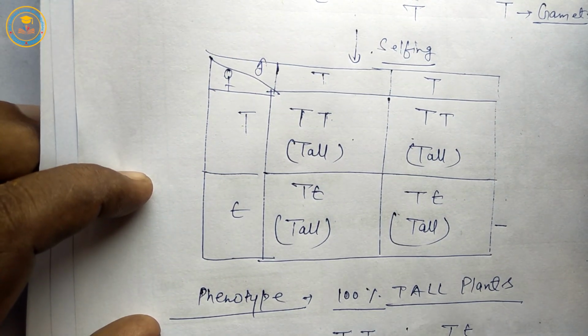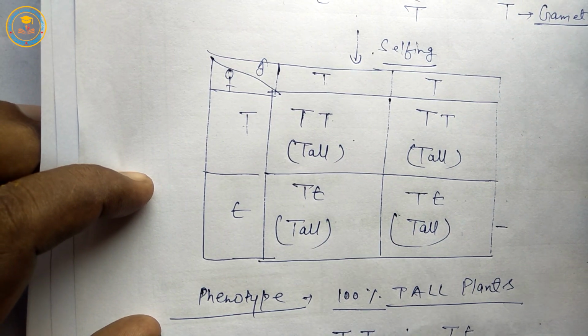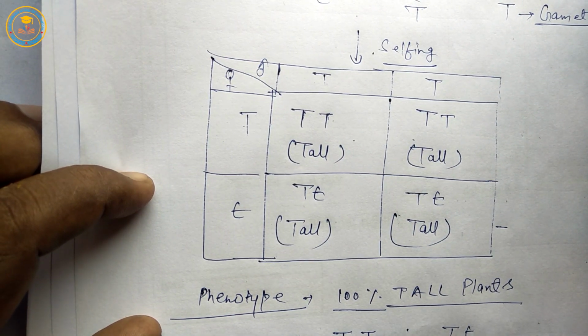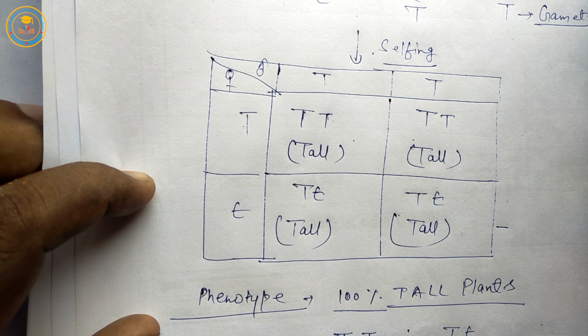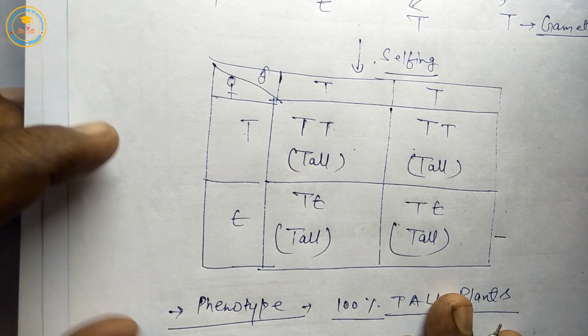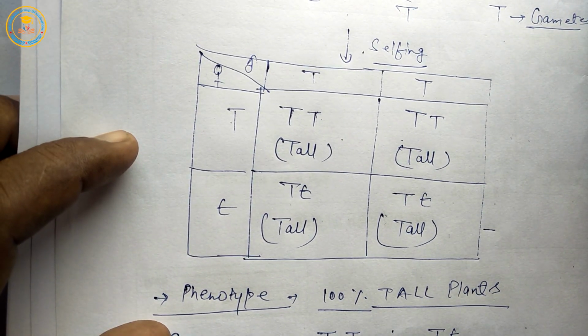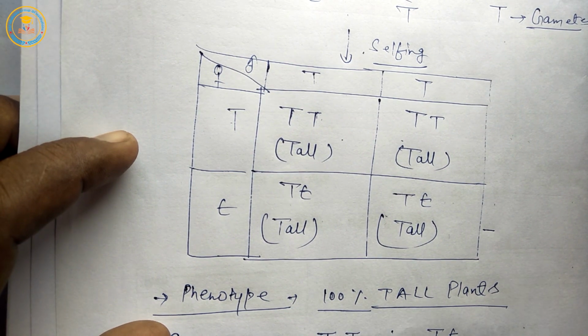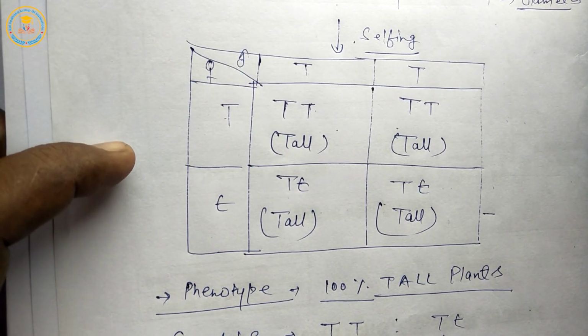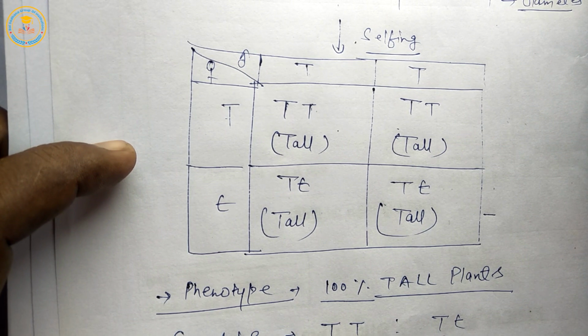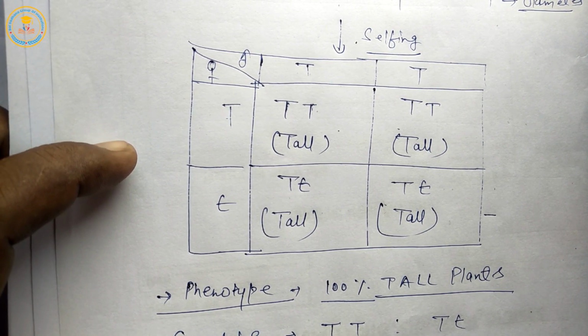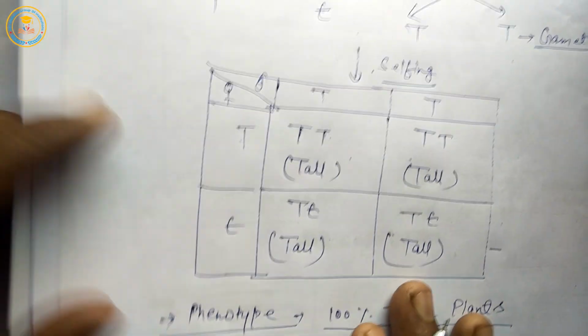So genetic constitution, it means genotype of back cross is 1:1, and external appearance, it means phenotype, is 100% tall plants. So when percentage, it is 50%, 50%. This is ratio, this is percentage.